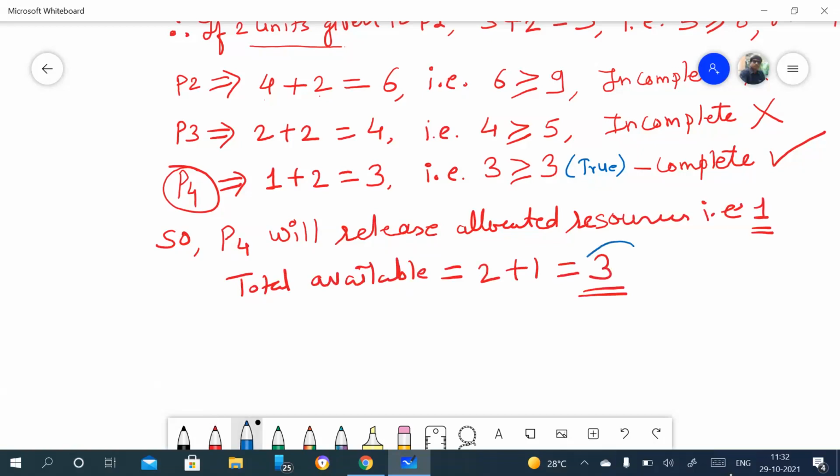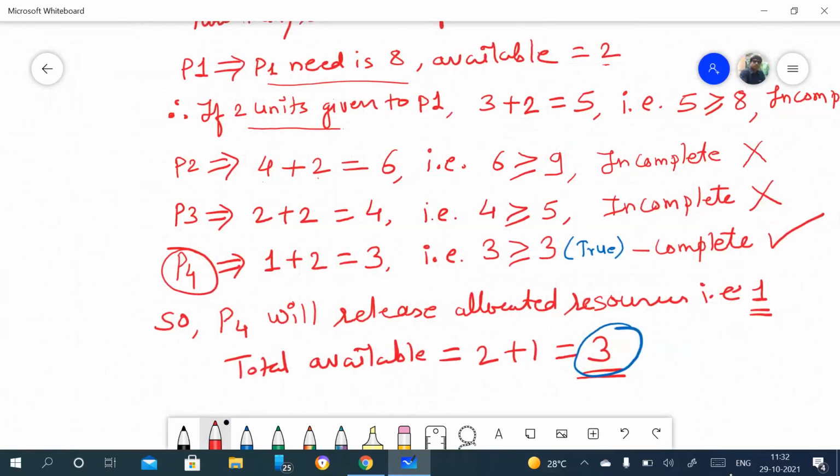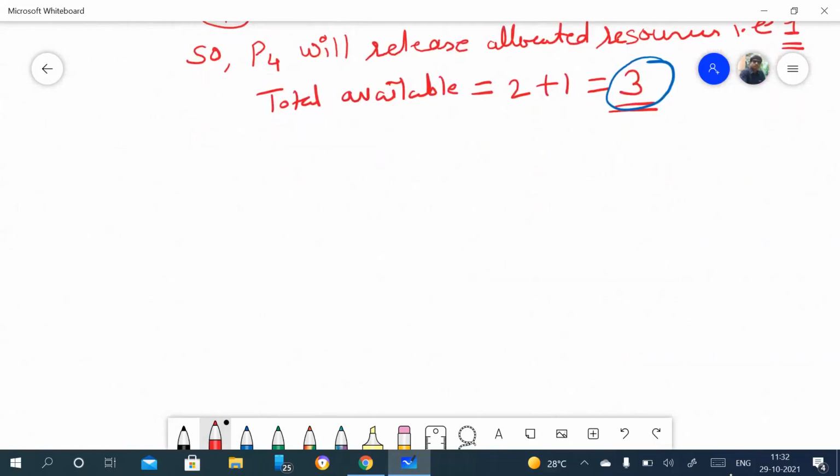So this is the important one. Now same thing again, we need to repeat it because this P4 is executed. Now we'll go for the P1. Again, we'll just give that 3 units to the P1, right?